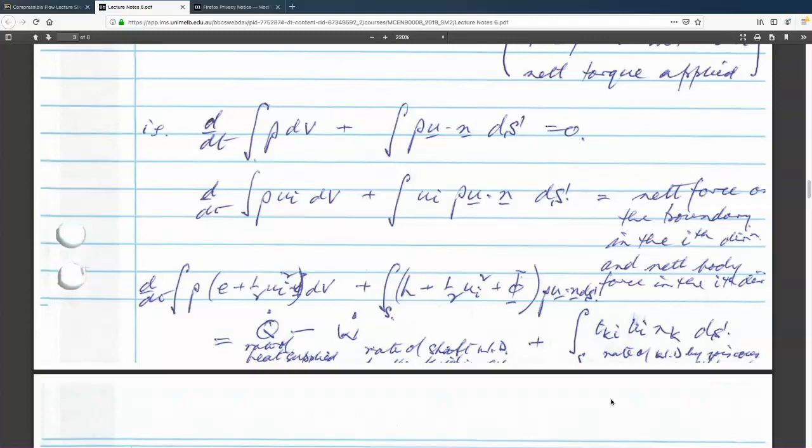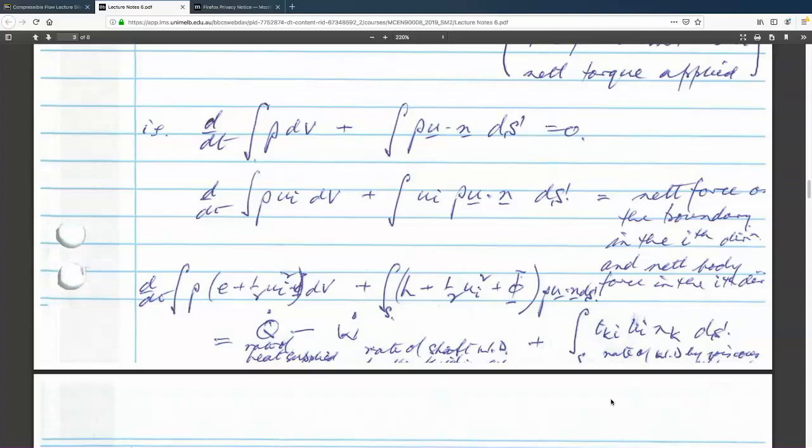And then we had the energy equation, which was that the rate of change of rho times e plus a half ui squared, and I showed you how to put the potential energy in there yesterday, given that the potential of this conservative force doesn't change with time.